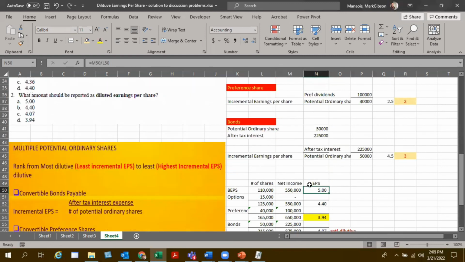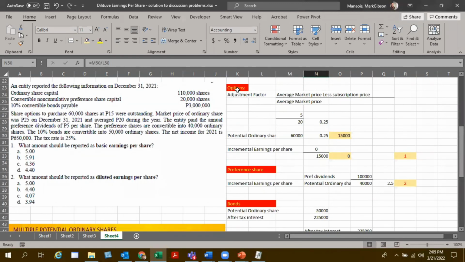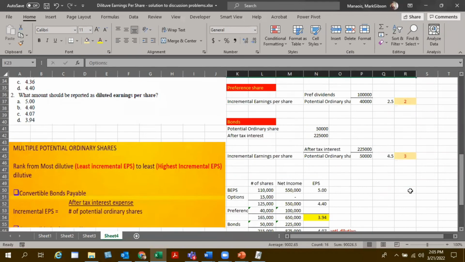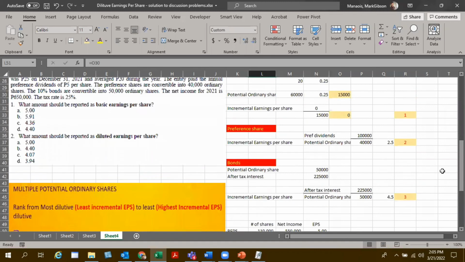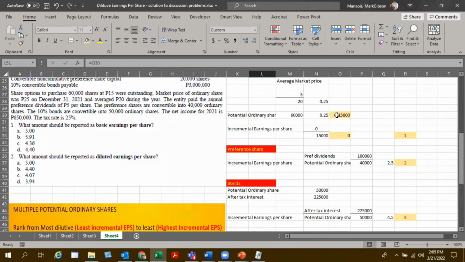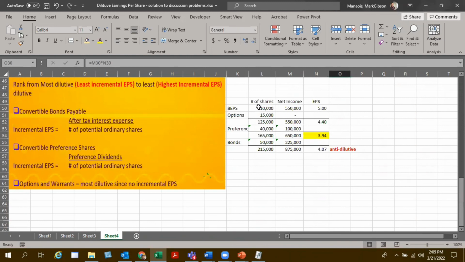But next, kunin natin yung rank number 1, which is the option. Potential number of shares is 15,000. Na-compute na natin yan kanina using the adjustment factor of 0.25. So kunin natin yung sum. So that's 125,000. Dahil nga wala namang impact to sa numerator, 0.